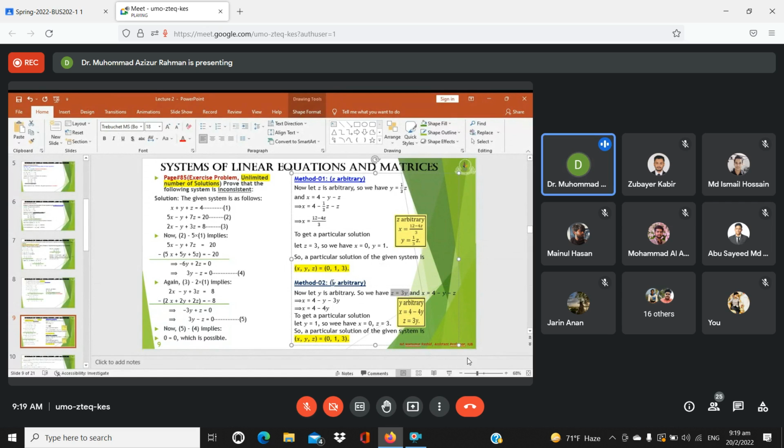So arbitrary means you can choose any value. In this method, you see this 0 equals 0, then you can choose any value of the variables.